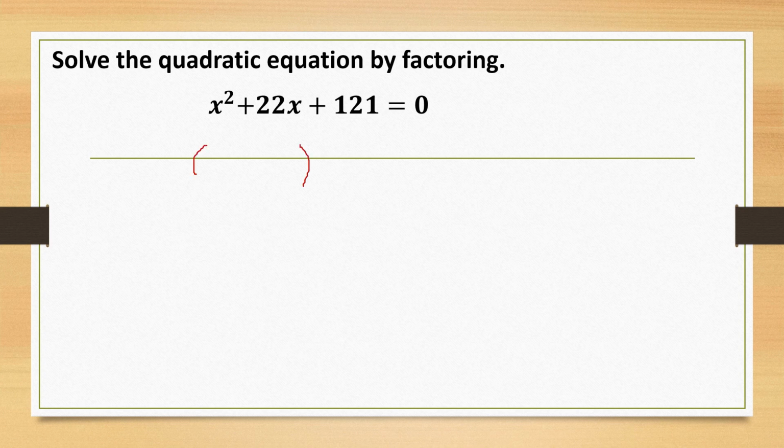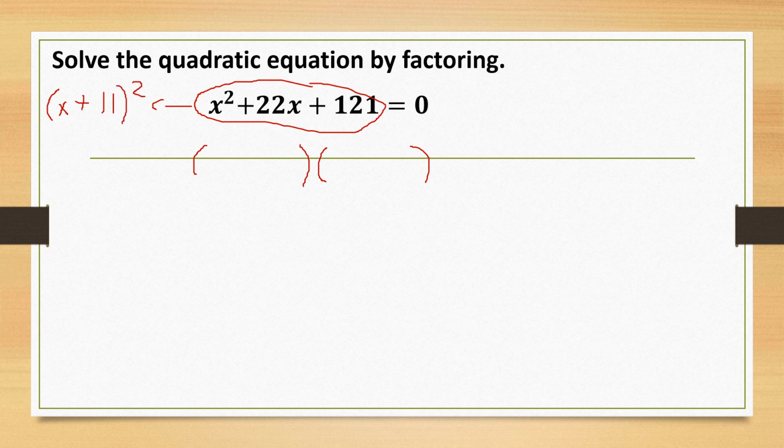So what are the factors? So the factors, here we have x plus 11 raised to the second power, or in expanded form, that is x plus 11 and x plus 11.